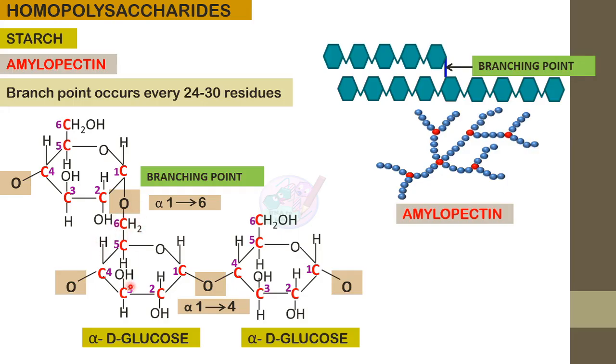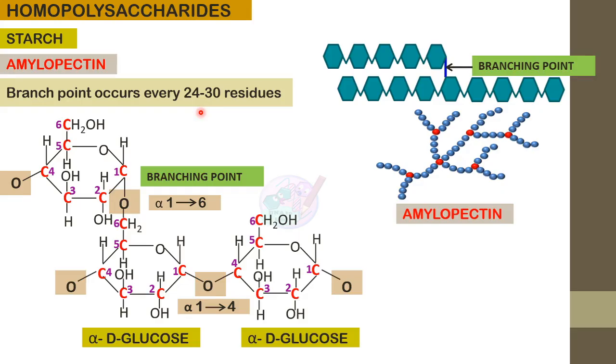The 6th carbon of this sugar is forming a bond with the anomeric carbon of this sugar. So this is an alpha 1,6 linkage at the branching point and alpha 1,4 linkage in this linear part. So amylopectin is a branched structure and branching occurs every 24 to 30 residues. It means after every 24 to 30 sugar residues there will be one branching point.